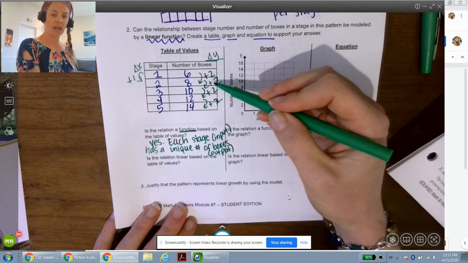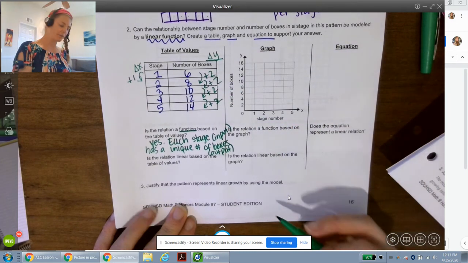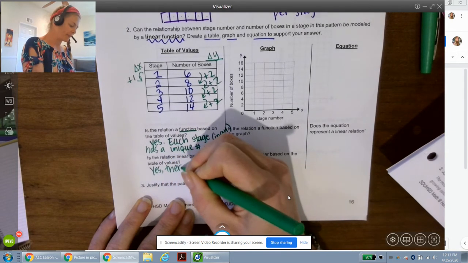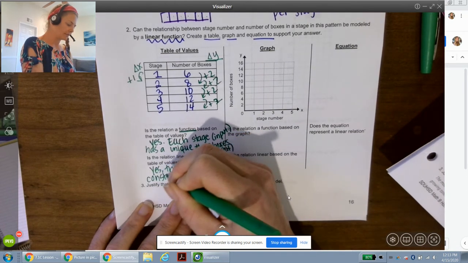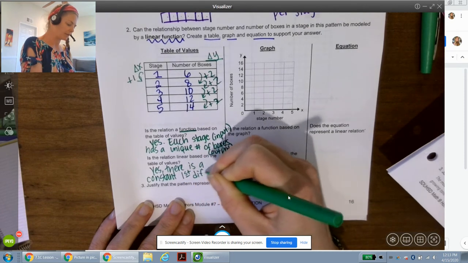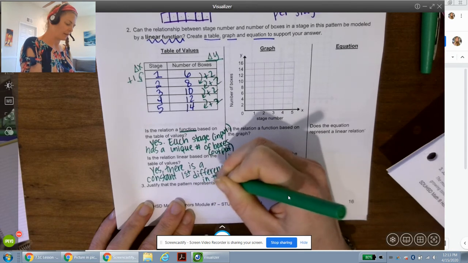And this difference in the y values is called a first difference. So yes, there is a constant first difference in the table.